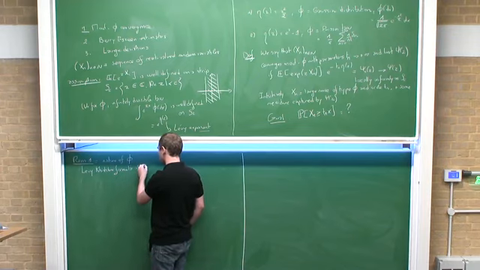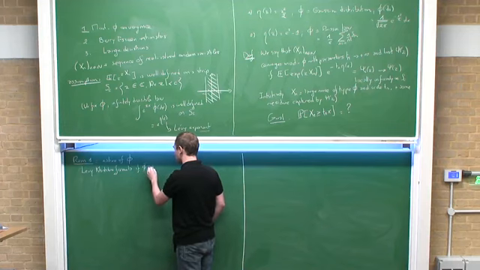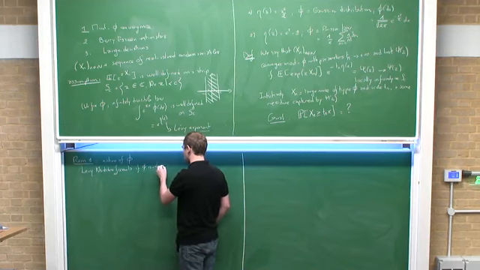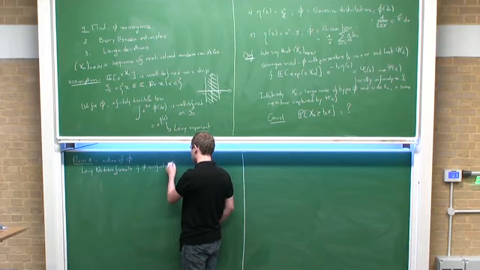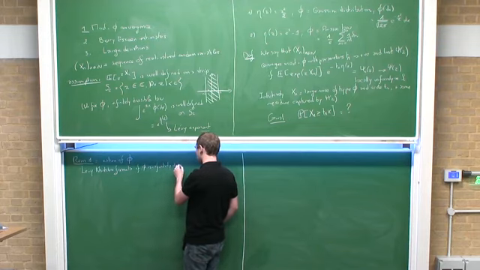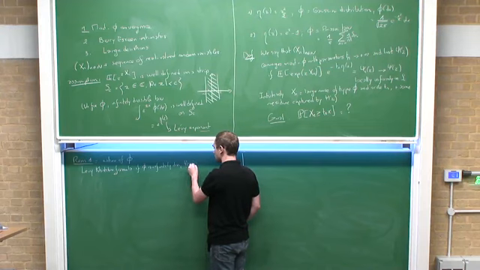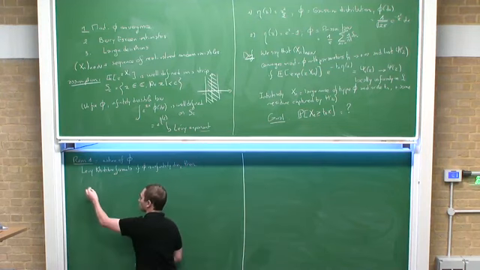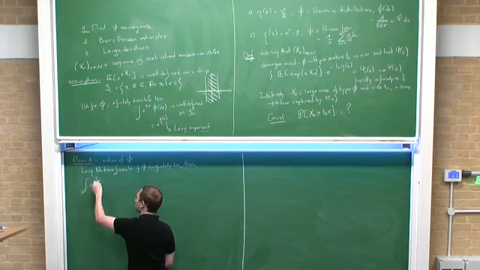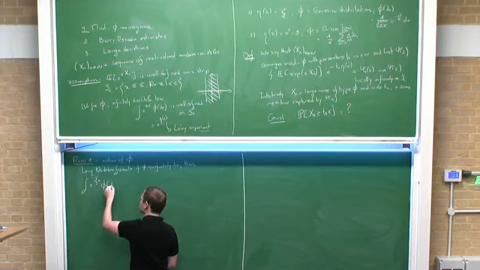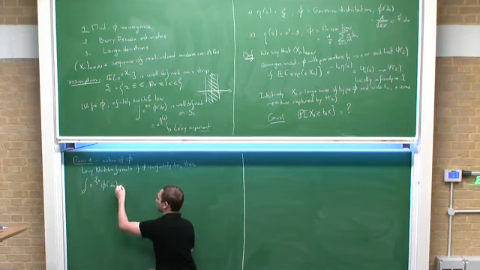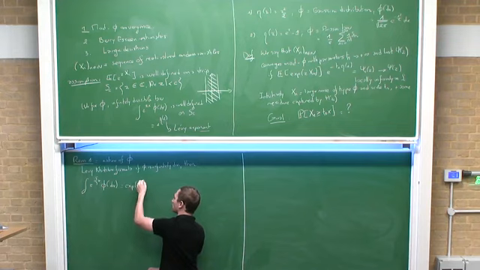So if phi is infinitely divisible, then if you compute the Fourier transform, with the previous notation, it is equal to exponential of eta of i psi.